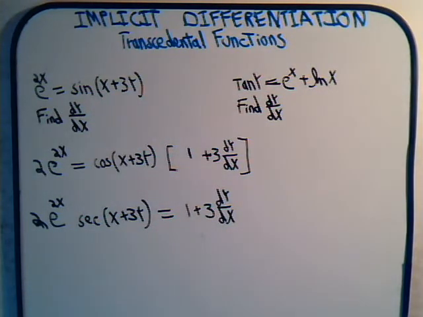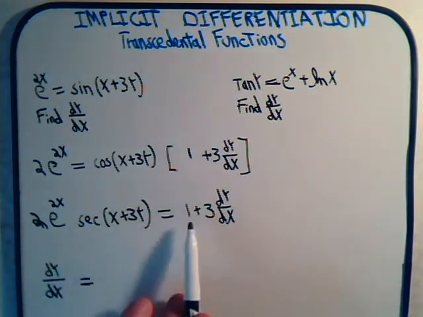Now when I'm solving for something, in this case dy/dx, I have to write it on the left-hand side. So we're going to have here dy/dx. It will equal this minus 1.